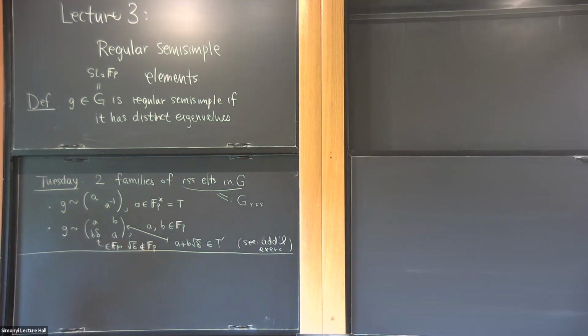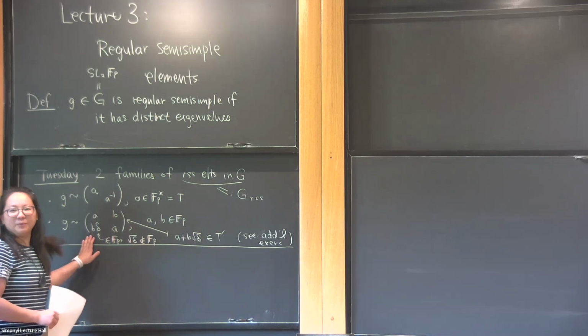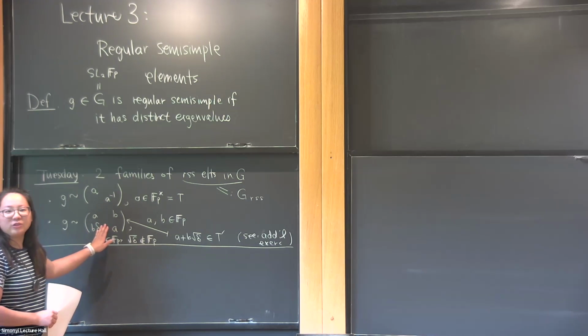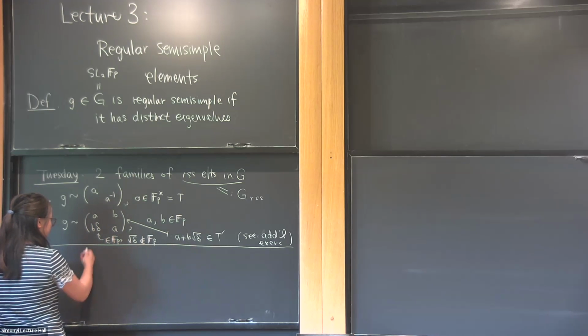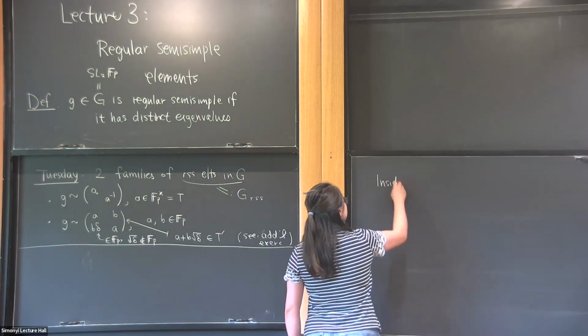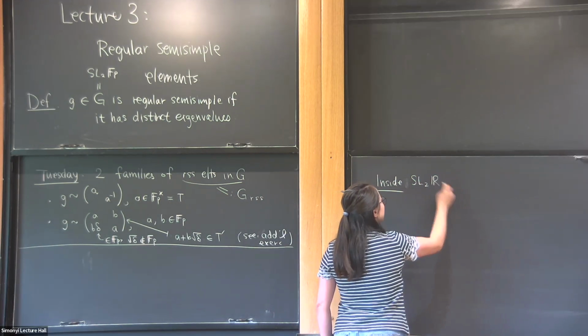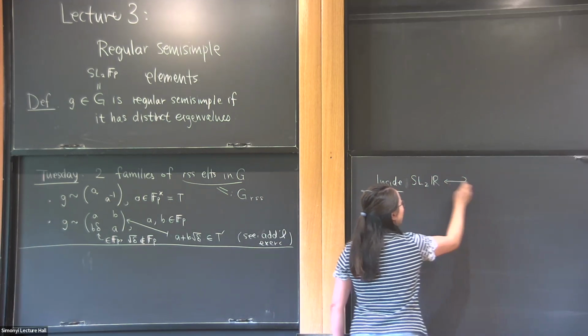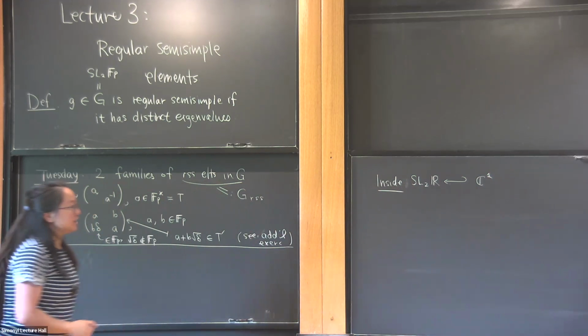I see some squinting, so let me say a little bit more about this. This may feel a little uncomfortable, but I claim this is something you've seen before. Inside SL2(R), there's a way to write the norm 1 elements inside C into SL2(R).